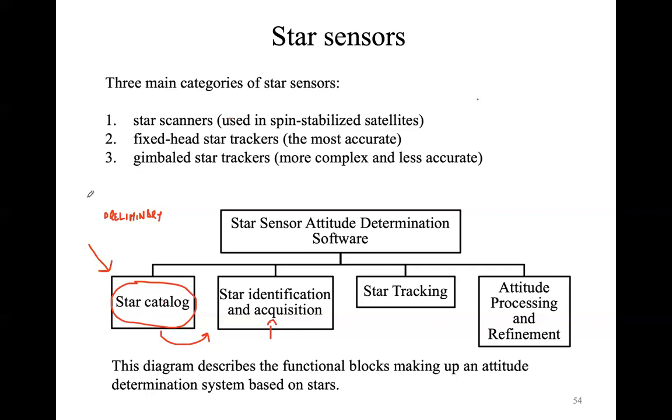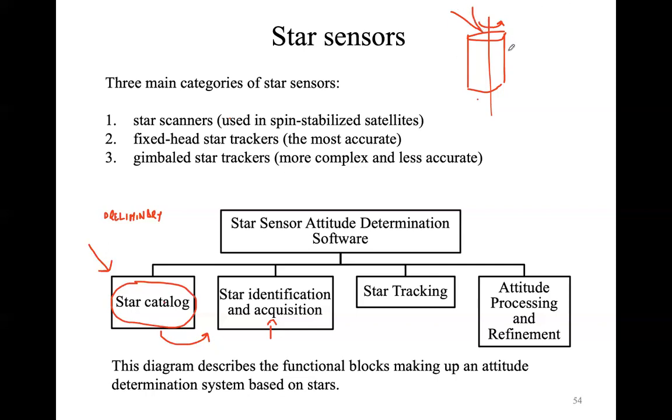Assuming you have a spacecraft rotating along this axis, you have, for example, a star tracker over here that is scanning a portion of the sky.